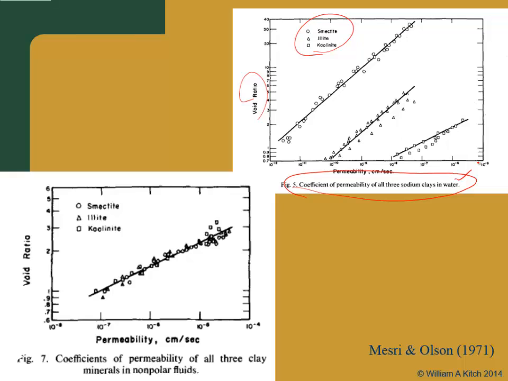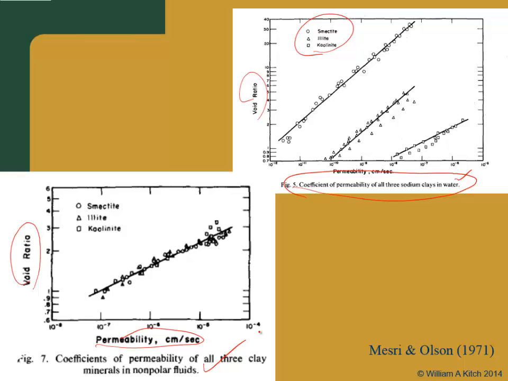Here's the concentration of this. Here's the hydraulic conductivity as a function of void ratio for the same 3 soils, all in carbon tetrachloride or another non-polar fluid. They're all the same.